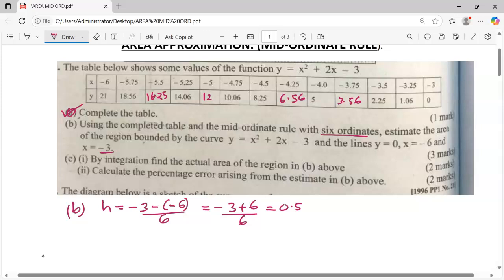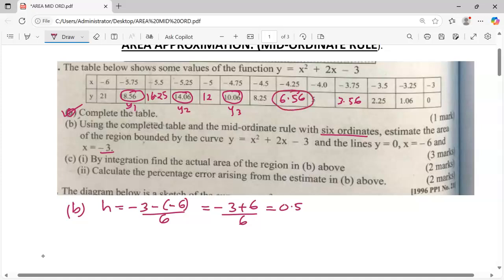Once we have done that, we are going to name our ordinates as follows. The first one we ignore because we are supposed to use the midpoints. 18.56 is y1. Then we ignore 16.25. We pick the next midpoint, we call it y2. Then we pick the third midpoint, we call it y3.